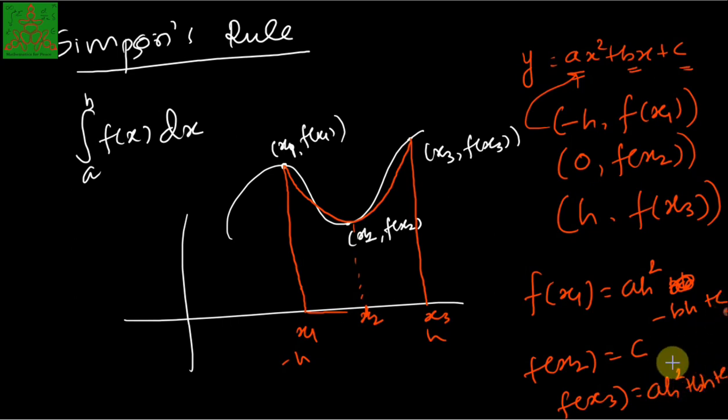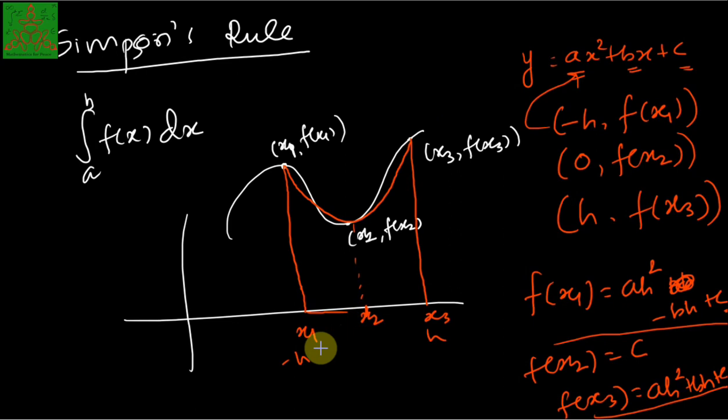So we have the value of c, which is f of x2. If I add these two equations, the bh will cancel out. If you simplify these expressions and calculate the values of a, b and c in terms of f of x1, f of x2 and f of x3, then we can get the area under this curve.